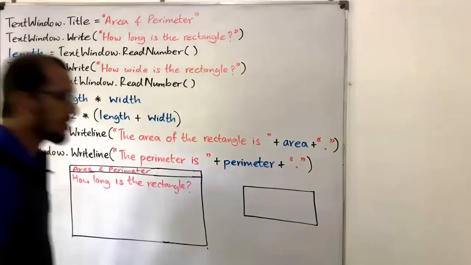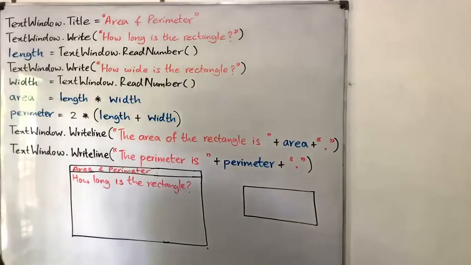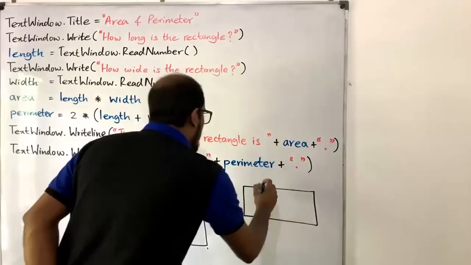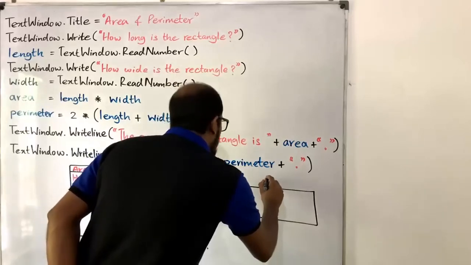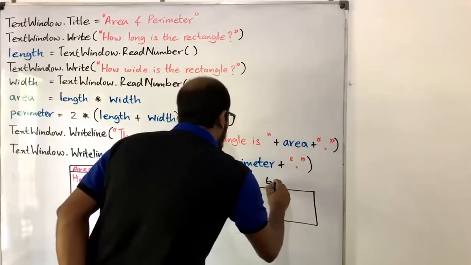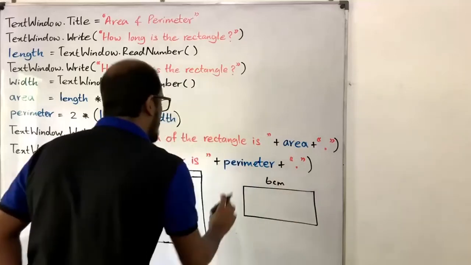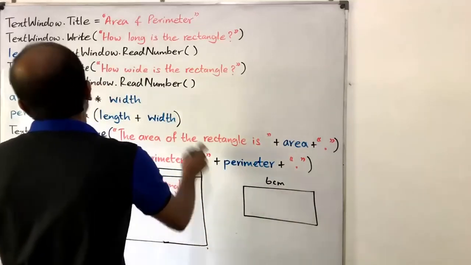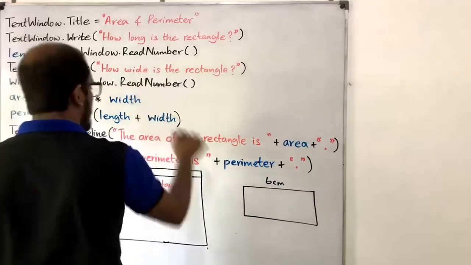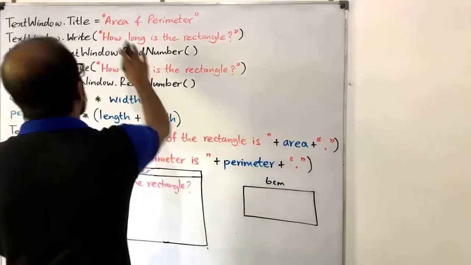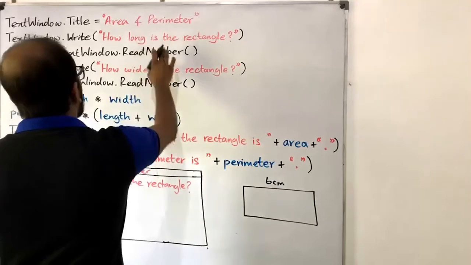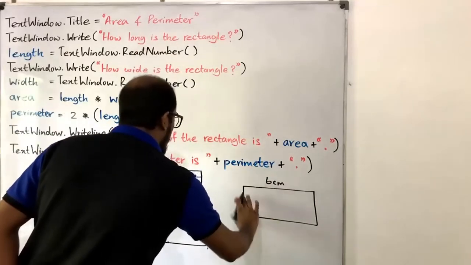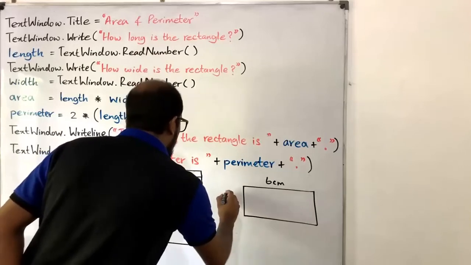Let's imagine this is a rectangle. Here long means width. Let's imagine this is 6 centimeters, and the breadth, or wideness, is 4 centimeters.